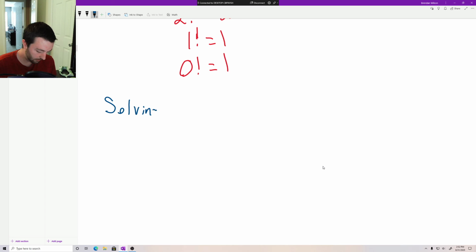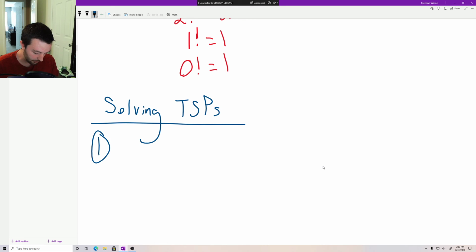So solving TSPs, traveling salesman problems. From now on, we'll always have a weighted graph. So we'll have numbers on each of the edges, giving it weight. The first algorithm is called the brute force algorithm.